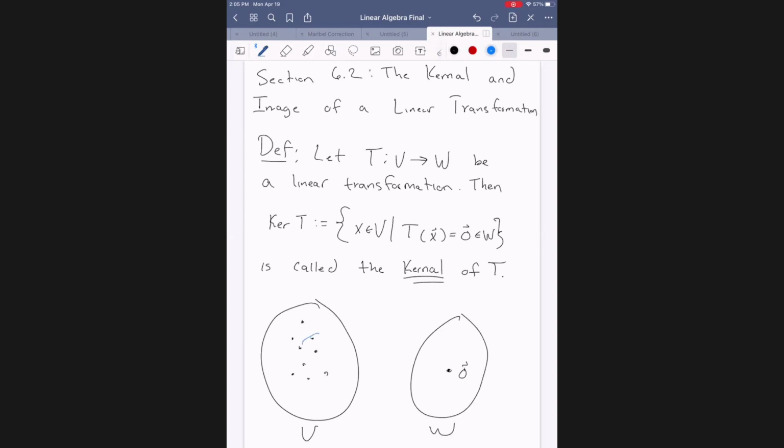So all the vectors that map to this space right here are the kernel of T, right? So everything that maps to 0 is the kernel.